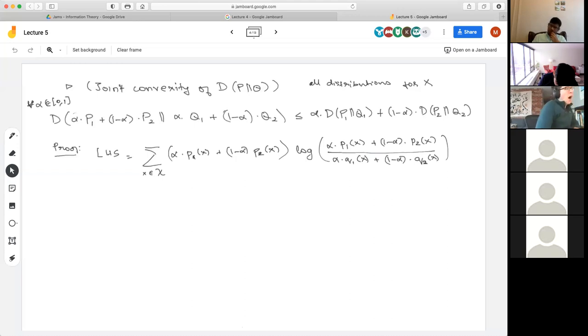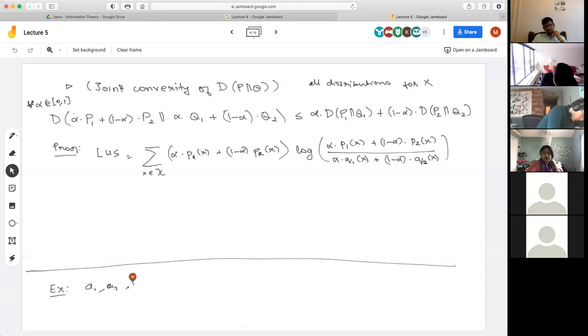So as an exercise, I'll ask you to prove the following inequality. If you have A1, A2, B1, B2, which are non-negative, you can even assume they are all positive just to make things easier. But okay, let's say non-negative for this one.